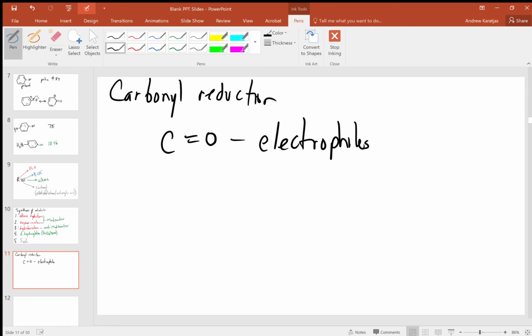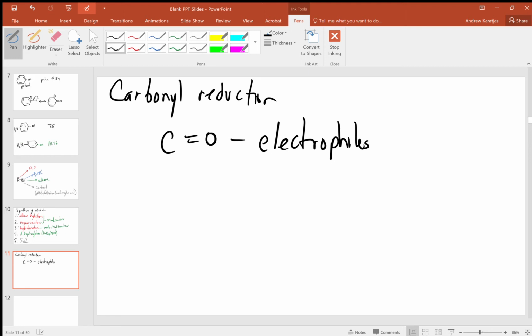In fact, there's so many different reactions of carbonyls that we can talk about and will talk about that we'll be spending a long time in this course talking about reactions of carbonyls.